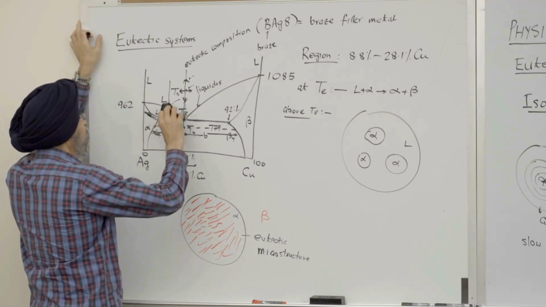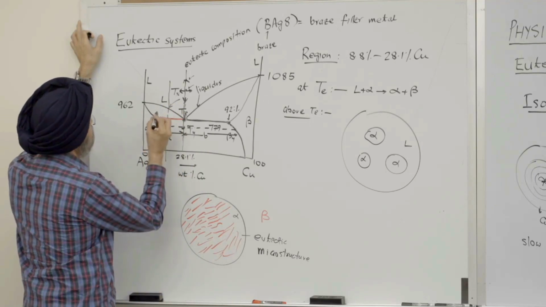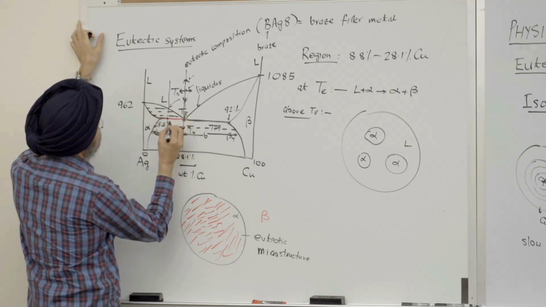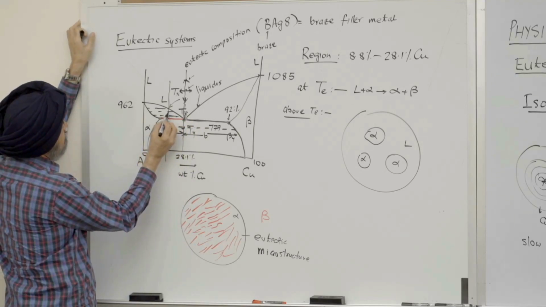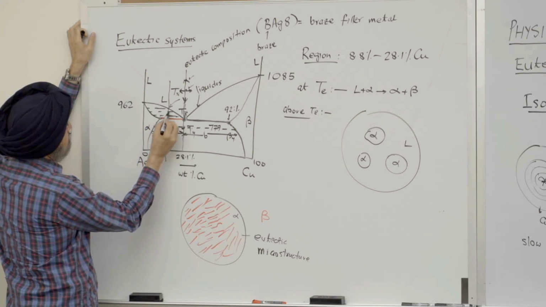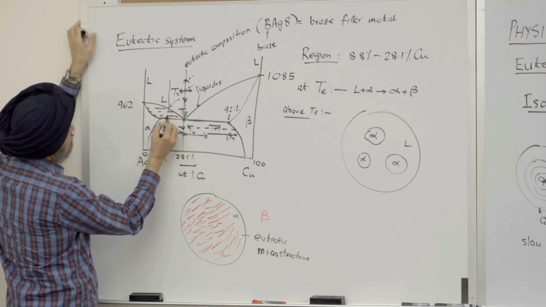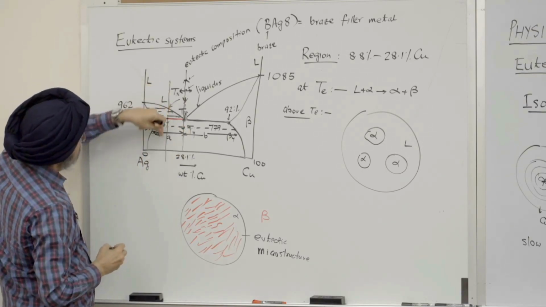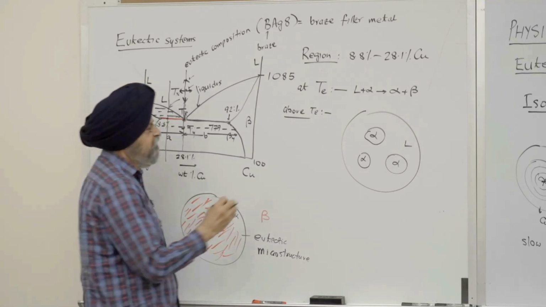We know that from the lever rule, right? So let me draw some horizontal lines like this. As we come down, the amount of solid is this line divided by the total line. And at this temperature is this line divided by the total line. So as we come down towards the eutectic, the amount of alpha is increasing.